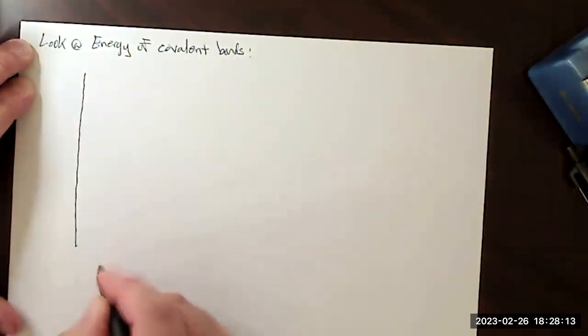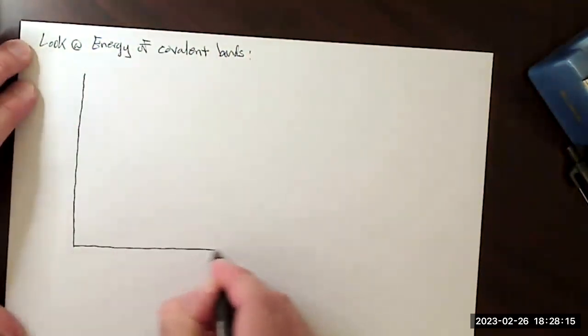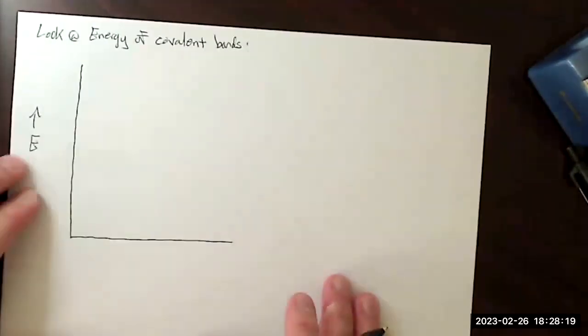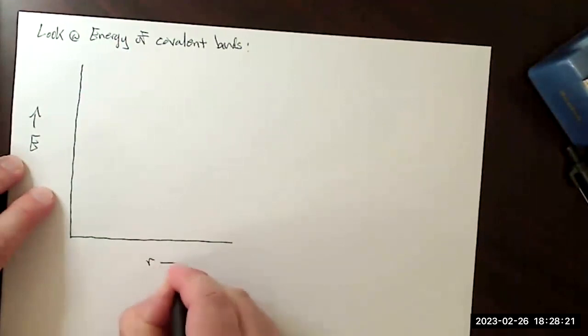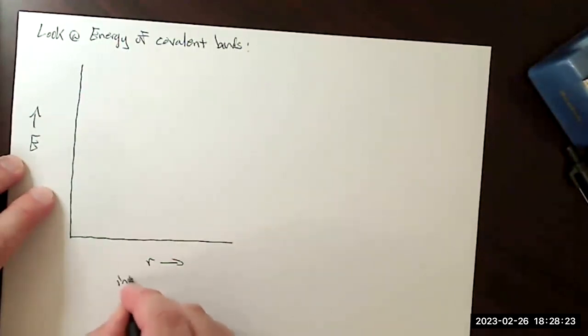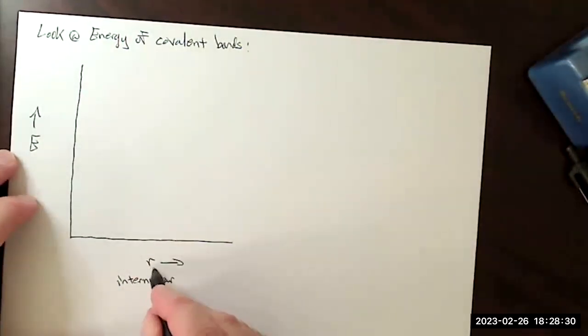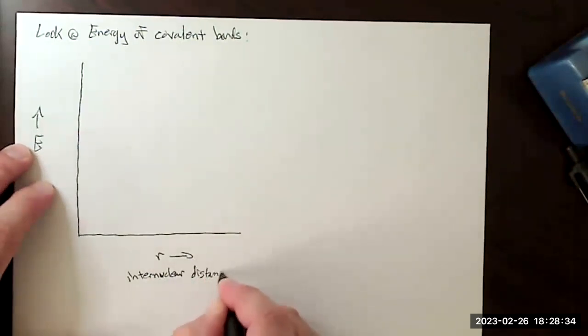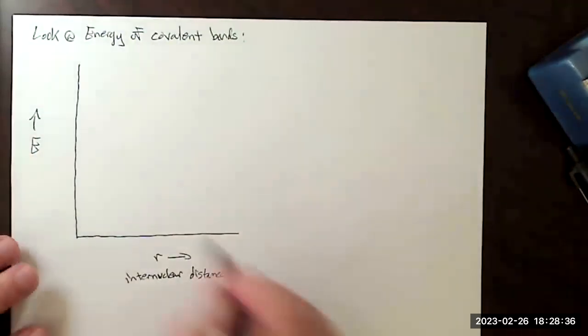That is something that you will see as this semester progresses. So let's put energy on our y-axis here, and we'll call this R, which is going to stand for our internuclear distance. That's going to be on our x-axis.